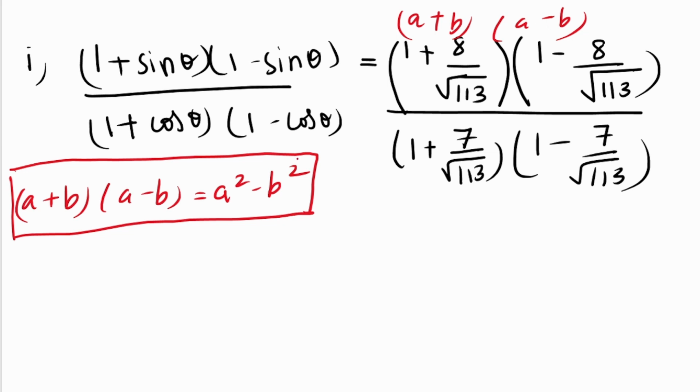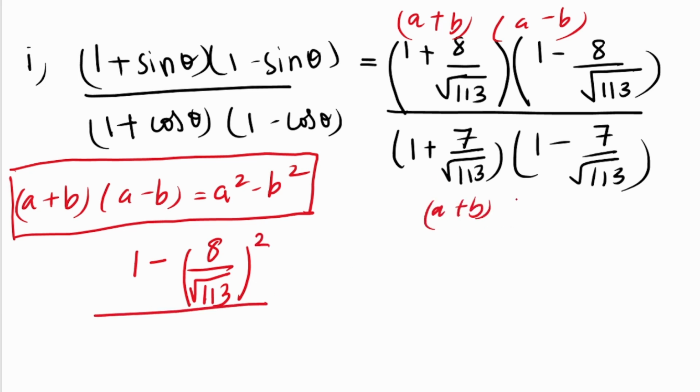So we'll just do the same thing. 1 square is 1 itself, and 8 divided by root of 113 whole square. Same applies here, a plus b into a minus b, so it is again 1 minus 7 divided by root of 113 whole square.